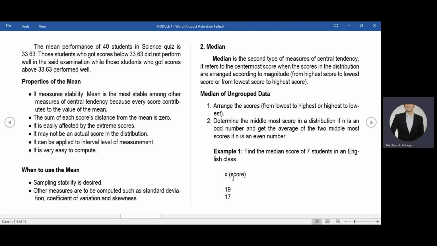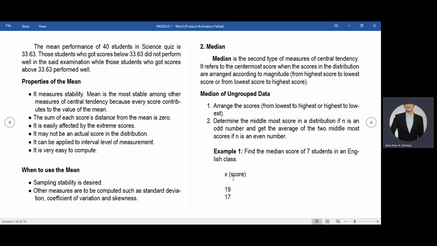Analysis: the mean performance of 40 students in the science quiz is 33.63. Those students who got scores below did not perform well, while those students who got scores above 33.63 performed well.